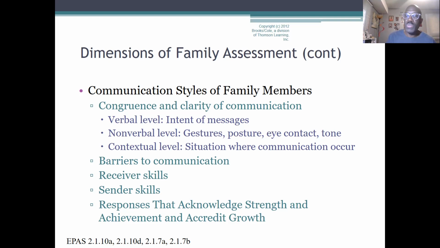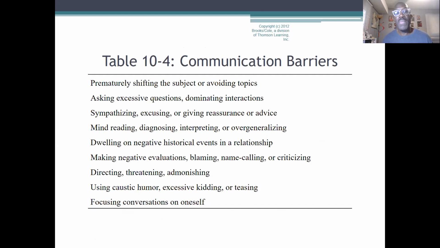So again, as we work with families and we've identified problem issues, let's say around communication, and we put a plan together to really look at how we do that, then it's about monitoring the progress, recognizing also these barriers that actually become barriers to communication.